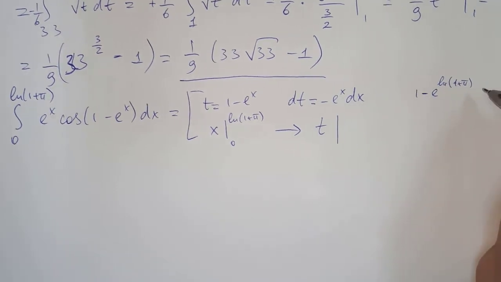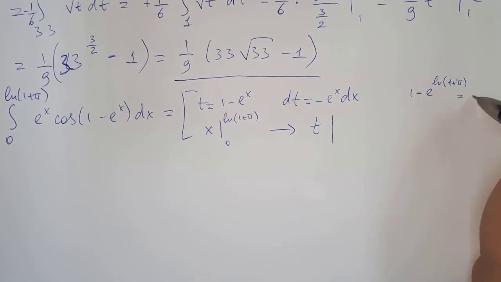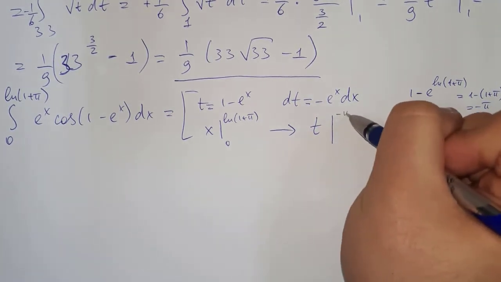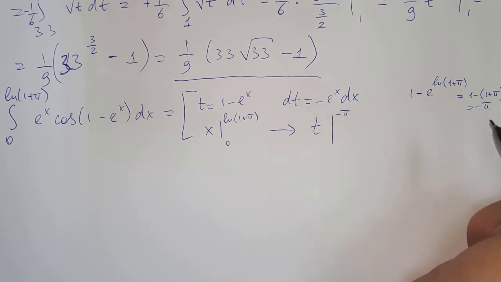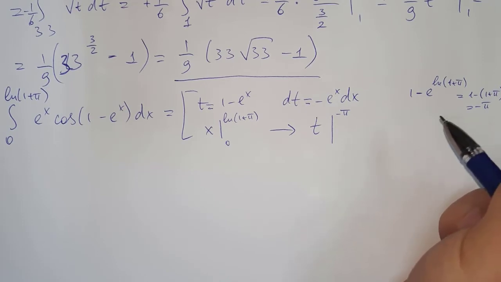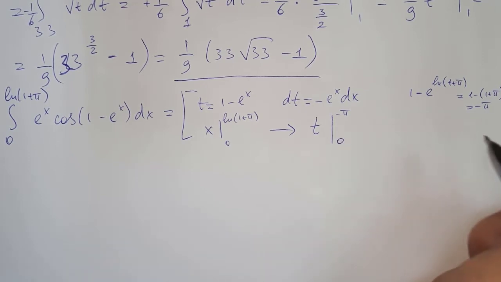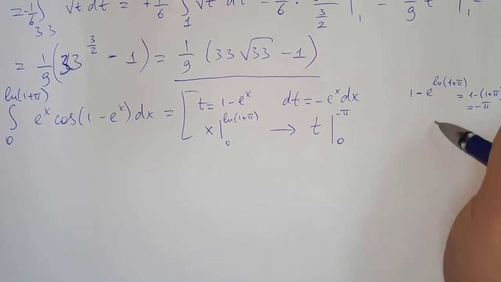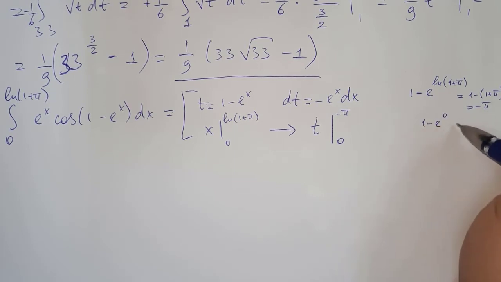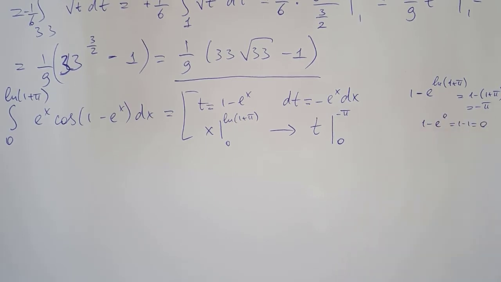So it equals 1 minus (1 plus pi), or just minus pi. Yes? So this is minus pi. And if we put 0, it will be 1 minus e to the power of 0, or 1 minus 1, just 0.